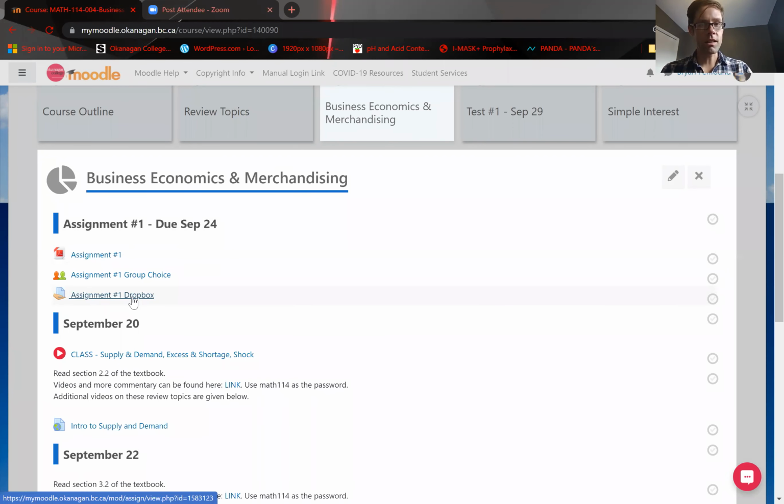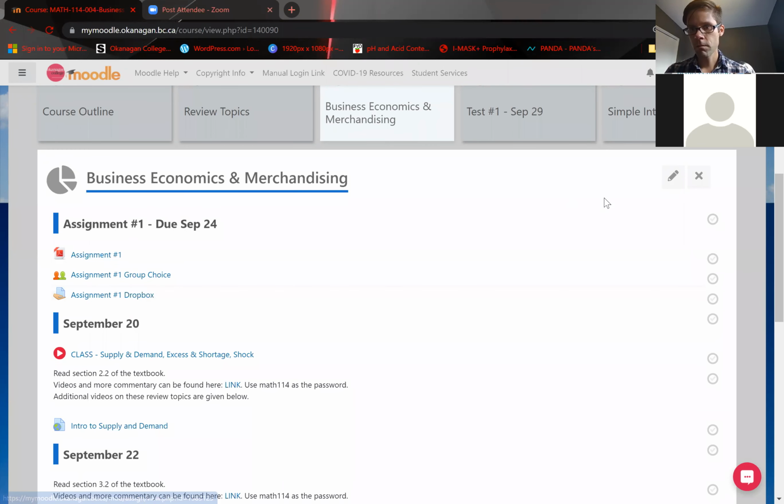The Dropbox is open for you until midnight on September 24th. All the instructions and everything you need to do are here. Remember that whatever question you decide to do from the assignment, make sure that you tell me which one you'd like to do in the group choice part of assignment number 1.